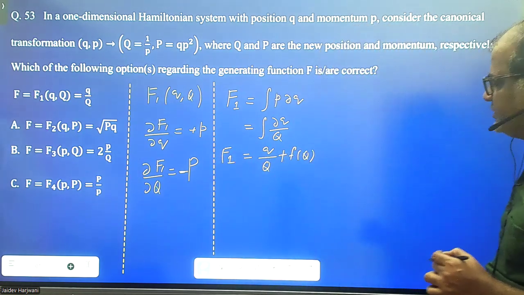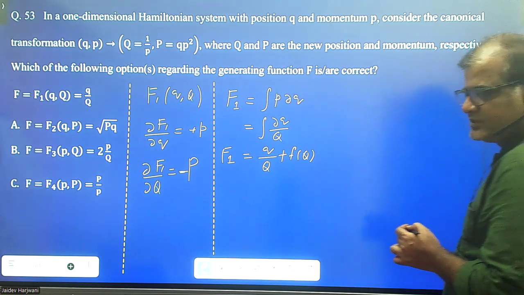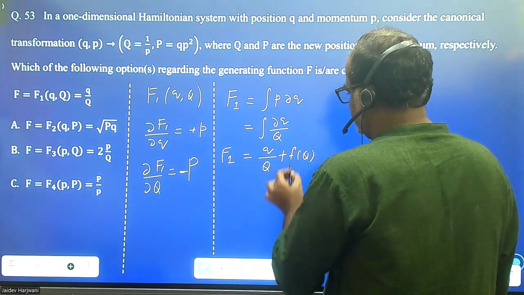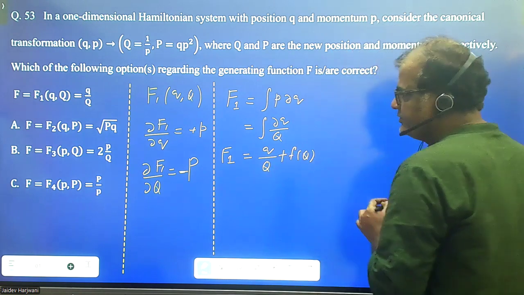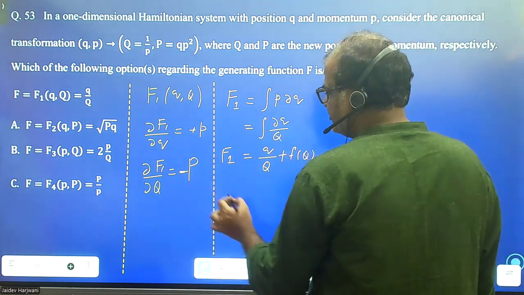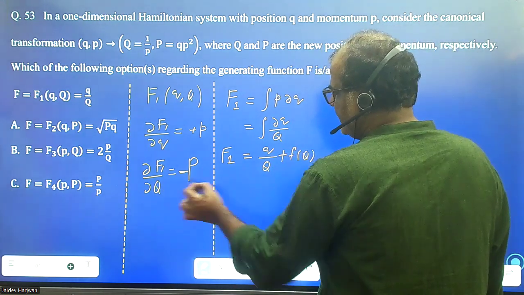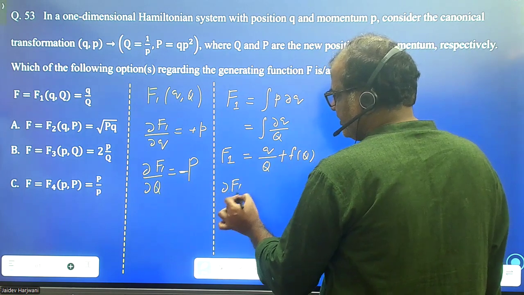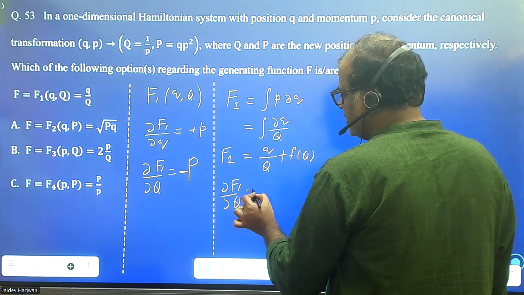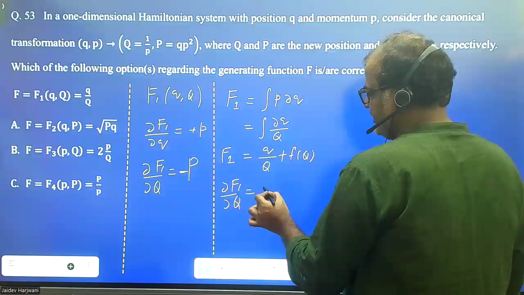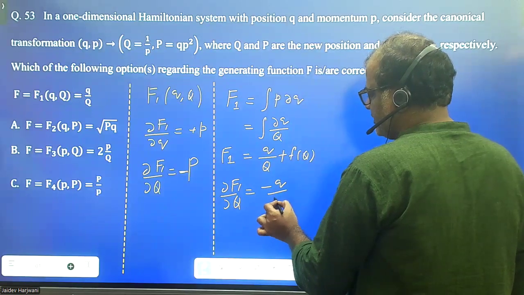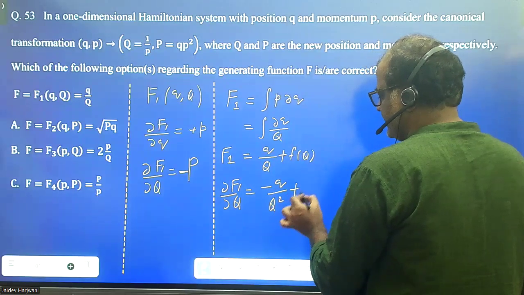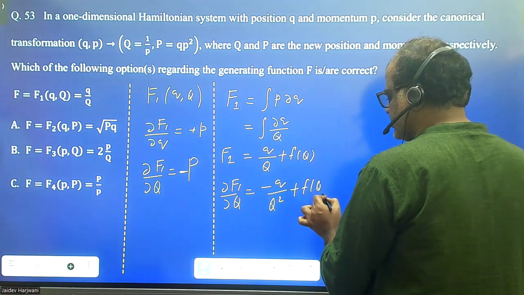These are partial derivatives. Now let us find this f(Q) value. For that, I can use this definition. So del F1 by del Q, if I differentiate this, will come q upon Q square plus f'(Q).